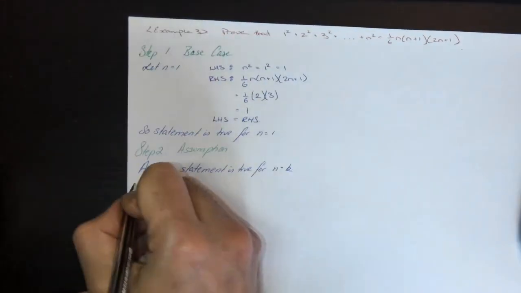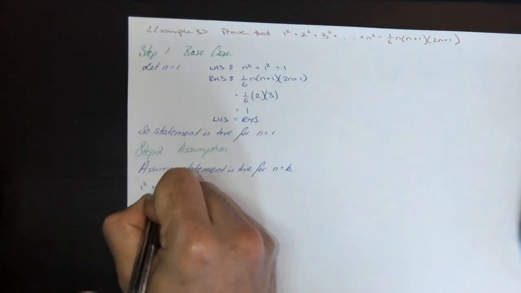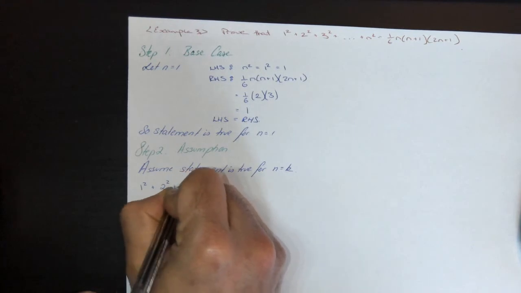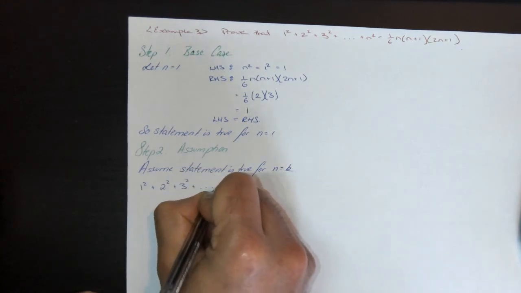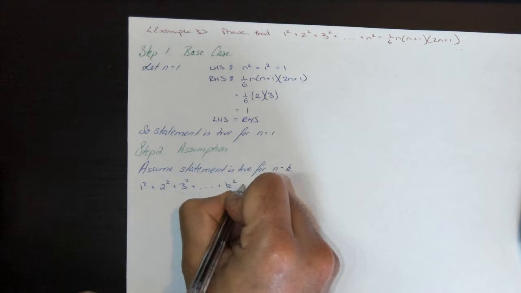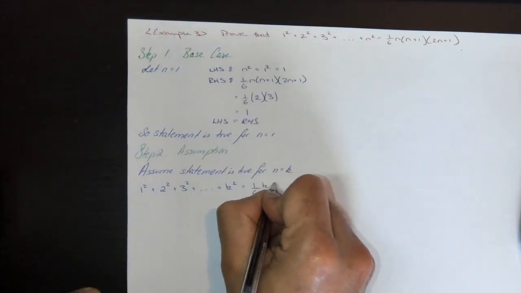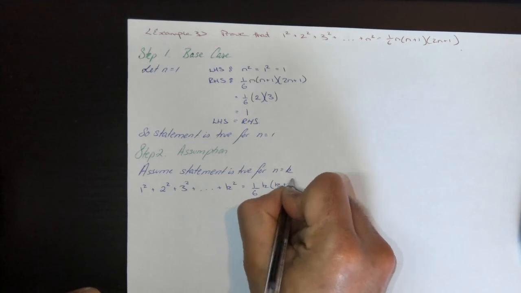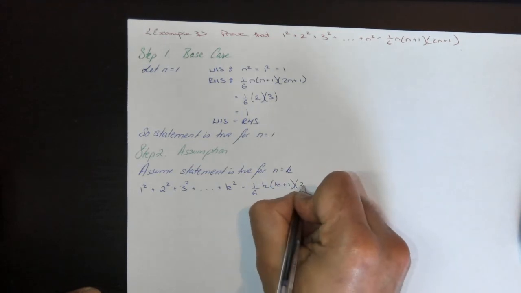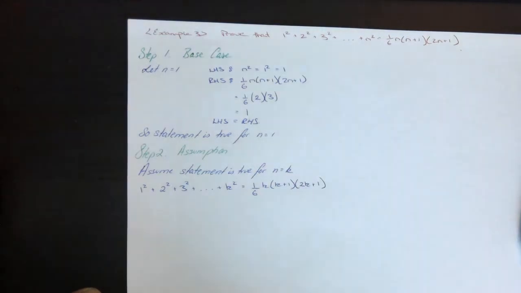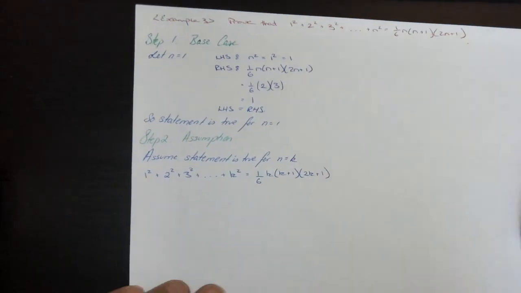And what does that mean? That means that 1 squared plus 2 squared plus 3 squared, up to k squared, is equal to 1/6 of k, k plus 1, 2k plus 1.